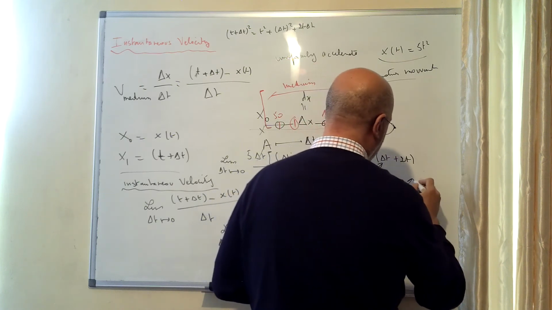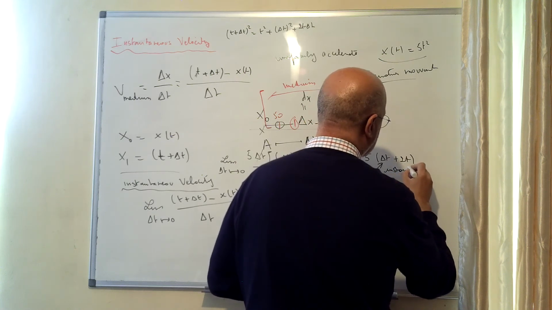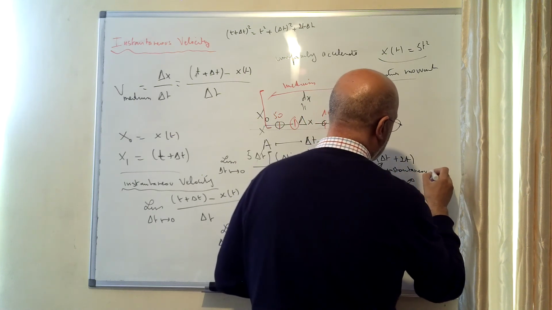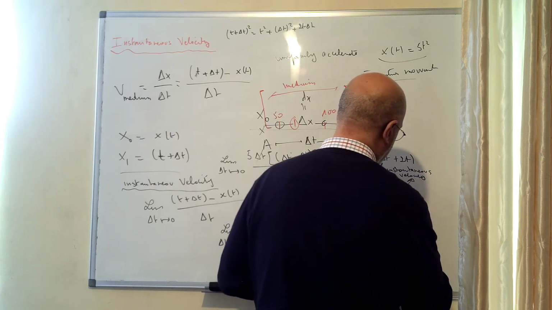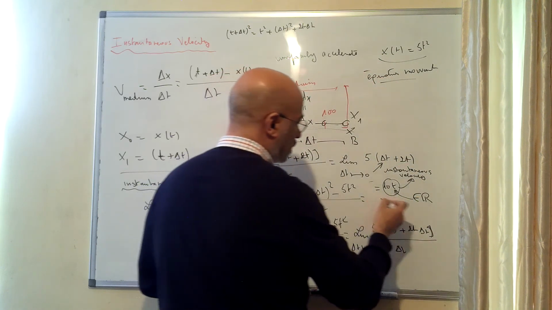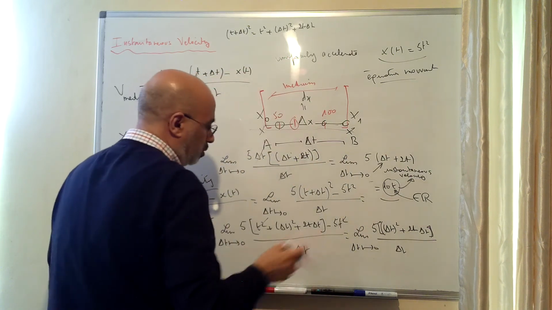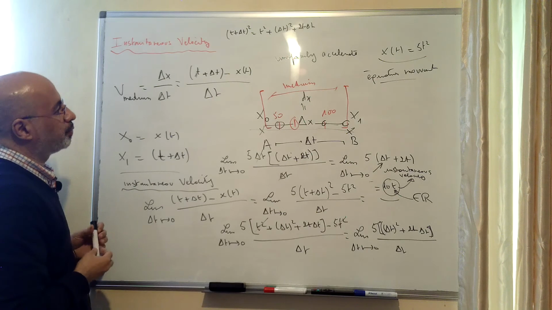So this is the instantaneous velocity. We replace t values, and then we have the instantaneous velocity. It's nothing special, it's like that.